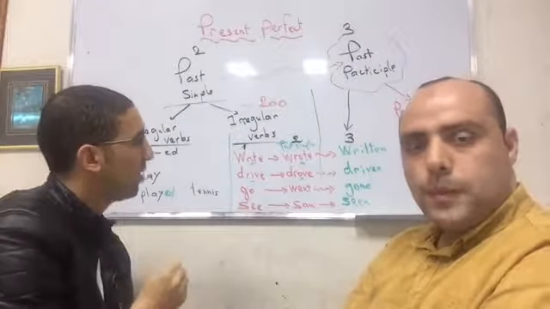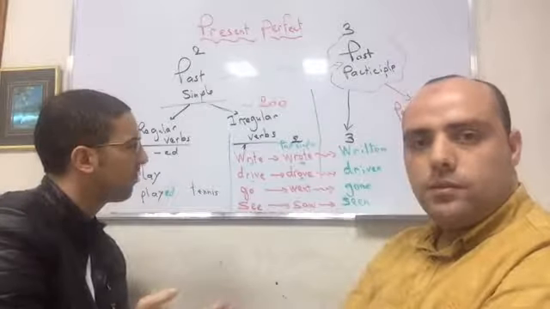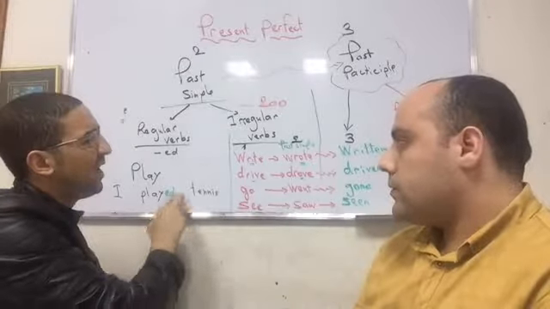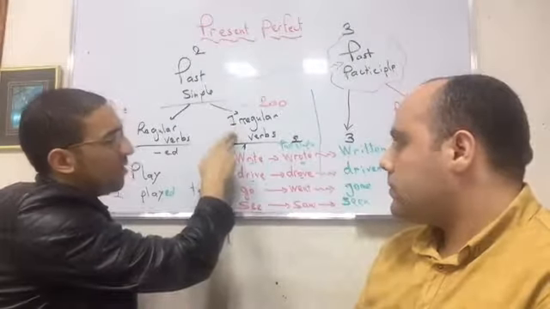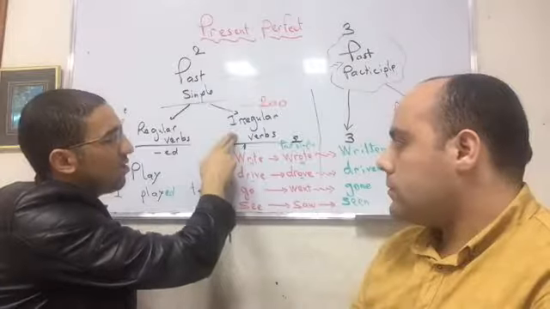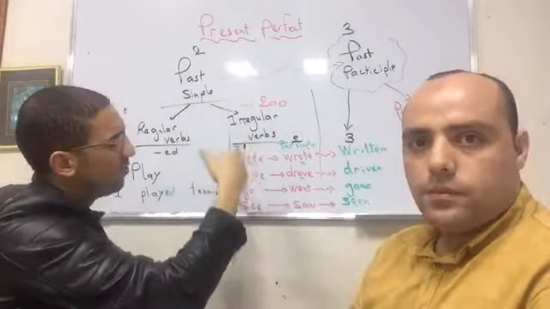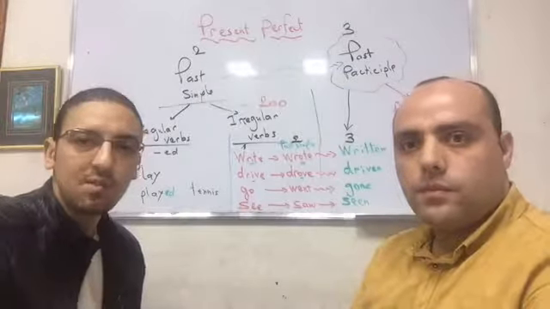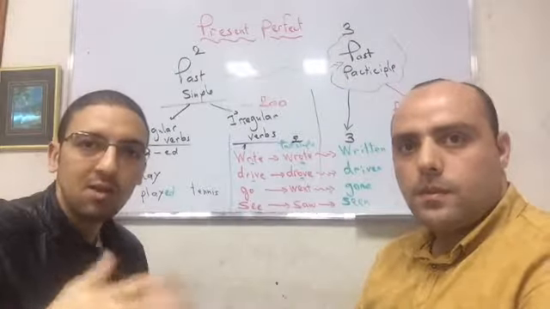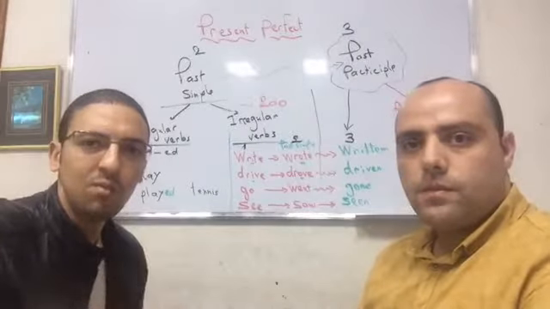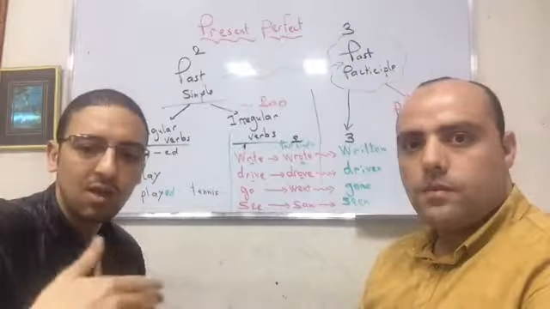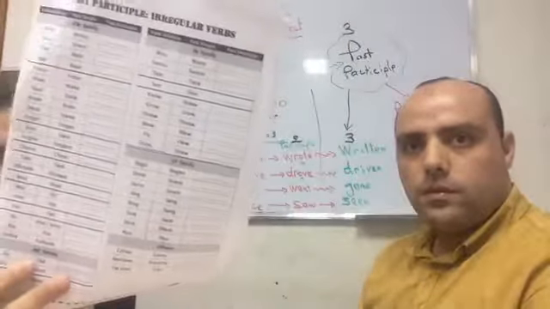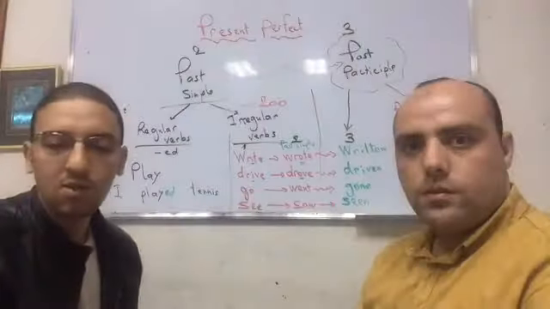Anyway, we're going to show you now, and we said that we have regular verbs, we don't have a problem with them. We have a verb like play, for example, we just add ed, and we have irregular verbs, and they are a little problematic. So you need to memorize them, to remember them. It doesn't matter the way you remember them. Some people remember them by memorizing them, like taking a list, like the list that you see here, and trying to remember them.